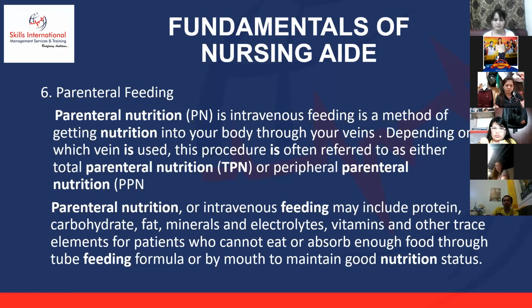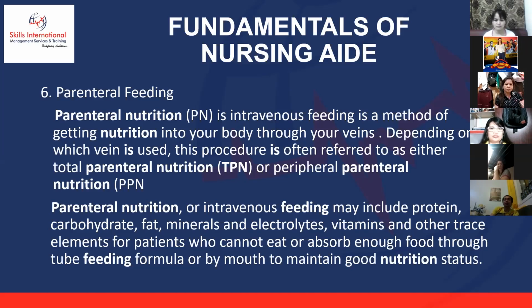Okay, so parenteral nutrition or intravenous feeding may include all these: protein, carbohydrates, fats, minerals, electrolytes, vitamins, trace elements. These are the required food for the patients who cannot eat.